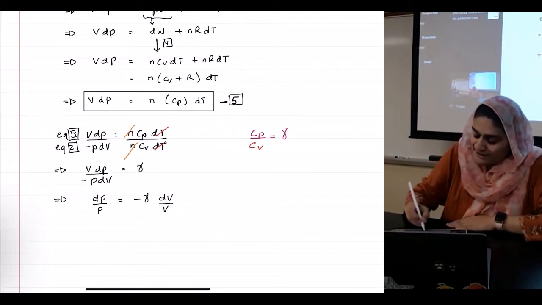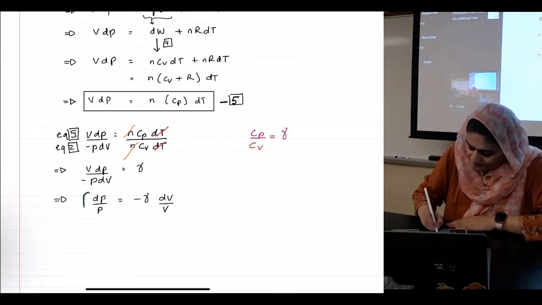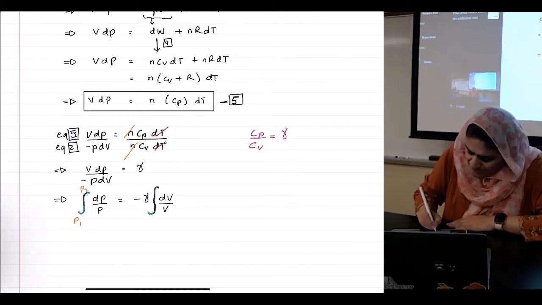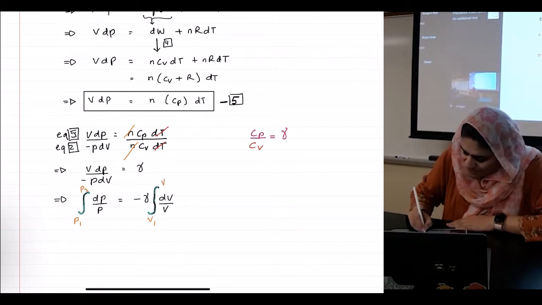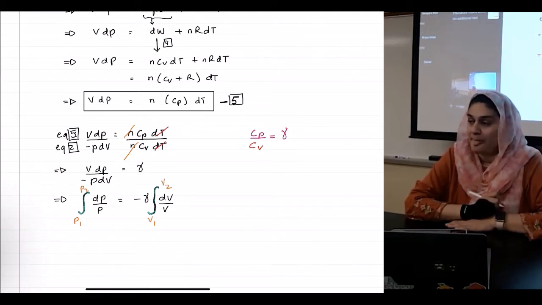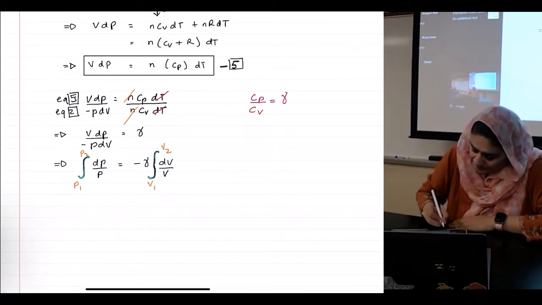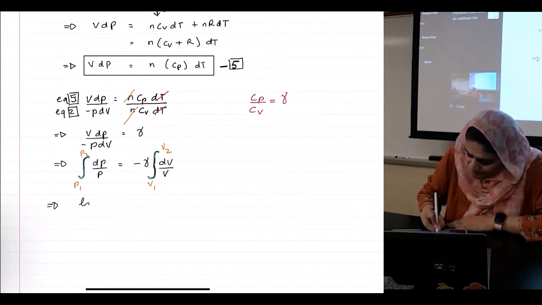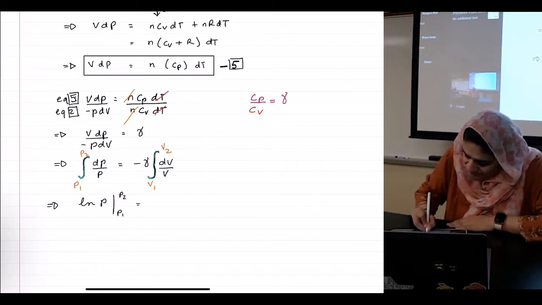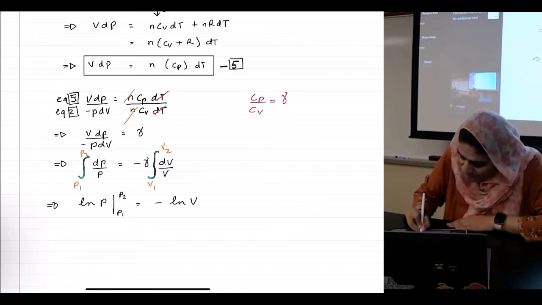So if I integrate this from some P1 to some P2 and some V1 to some V2, am I allowed to do that? What will I get? Log of P from P1 to P2 minus log of V from V1 to V2?